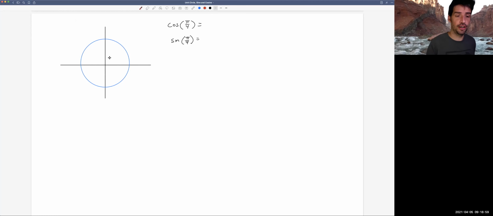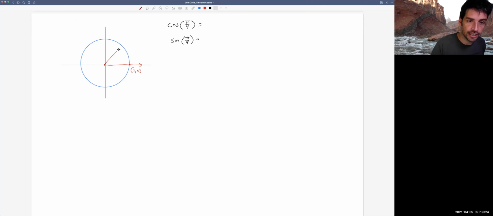We just saw that going a quarter of the way around the circle is pi over 2. I'll draw the initial side first. So here's my initial side. Pi over 4 is half of pi over 2, and so it's an eighth of the way. It splits this quarter circle in half.